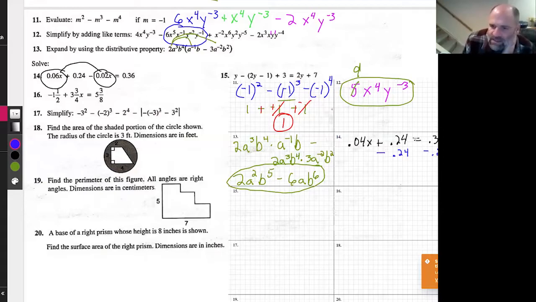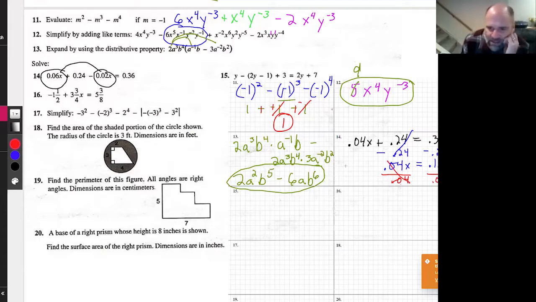So those cancel, and you're left with 0.04x equals 0.12. The last step to solving equations is to divide by the variable's coefficient. So divide by 0.04, divide by 0.04.